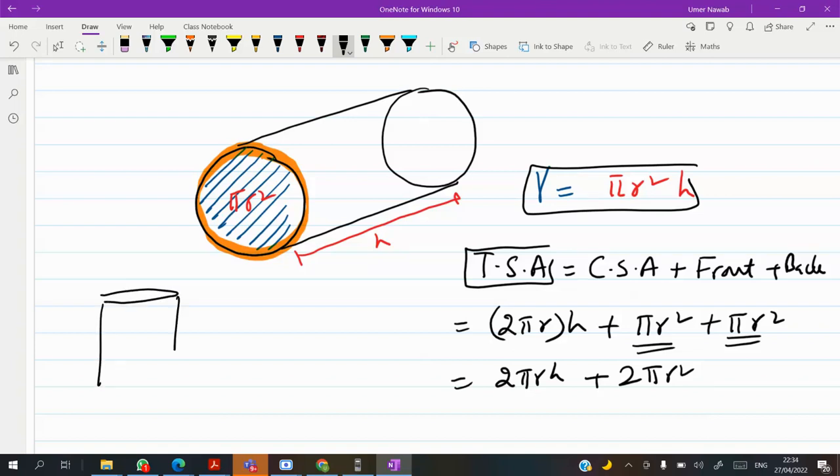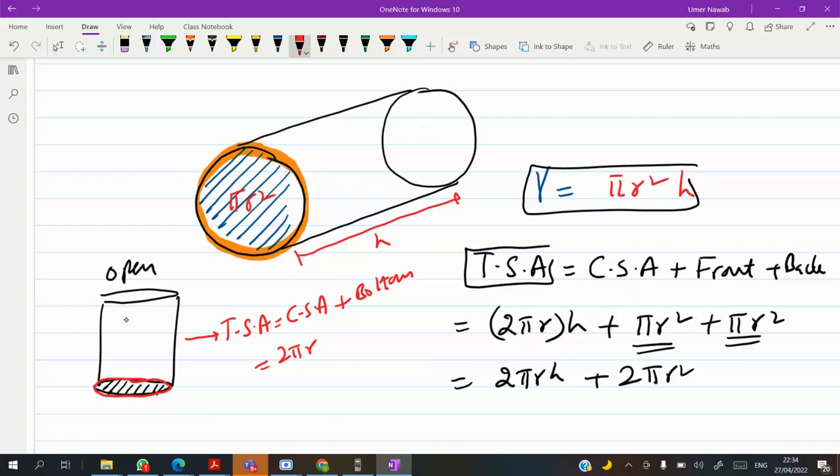Sometimes the examiner tells you that we have an open cylinder. An open cylinder has the base, but there is no opening at the top. In this case, our total surface area will be the curved surface area plus just the bottom, which is a circle. For the curved surface area, you find the perimeter, which is 2 pi r, the circumference, times the height, and it gives you the curved part.